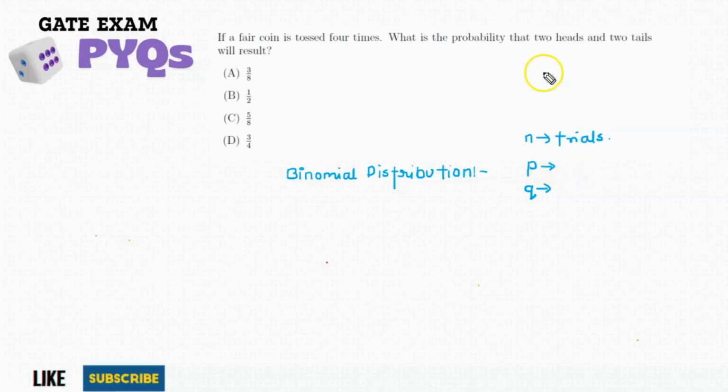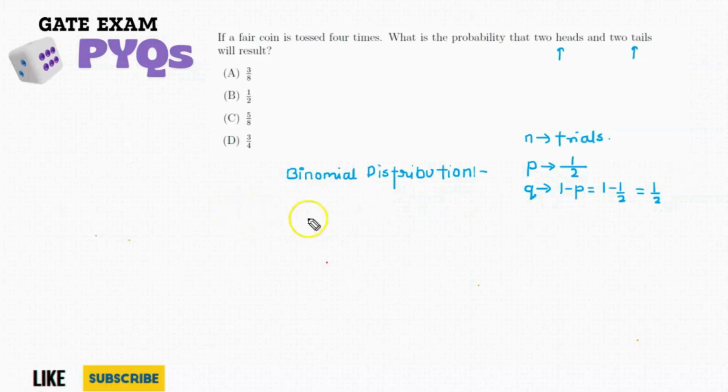P is the probability of success, and that is getting a head. What is the probability of getting one head in one trial? It is going to be 1 over 2. And Q is the complement of P, so it is 1 minus P. We can write it as 1 minus 1 over 2, which is 1 over 2 only.